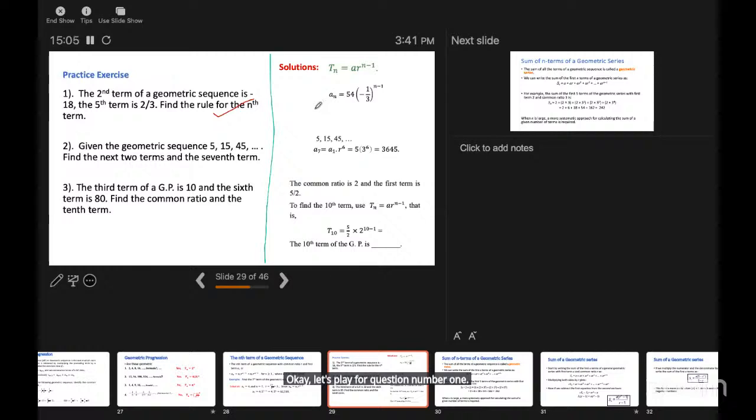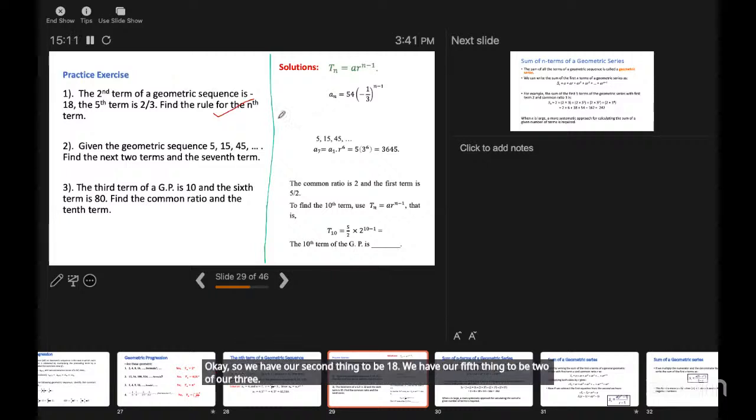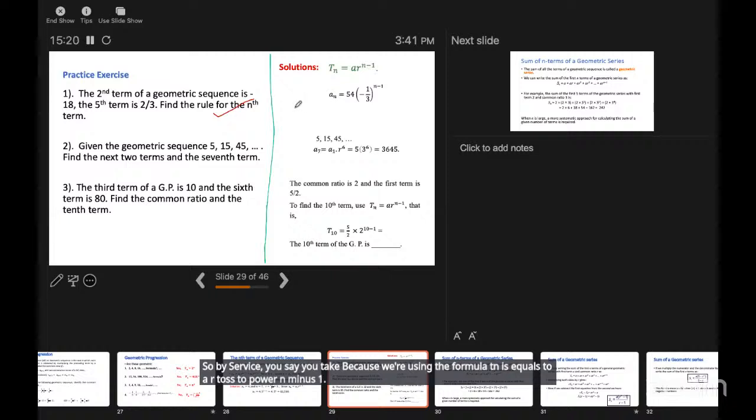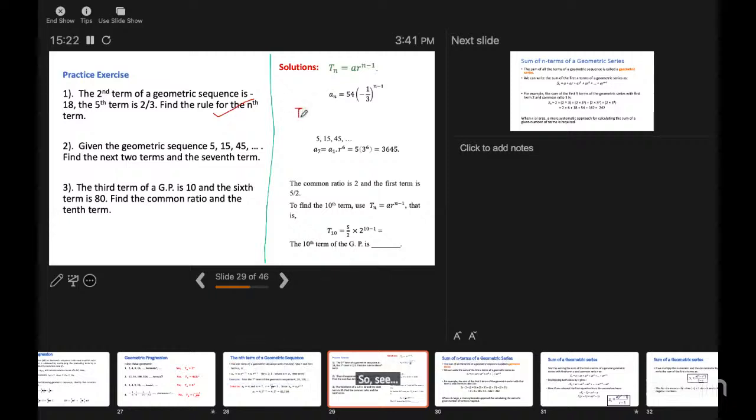We have our second term to be 18, and our fifth term to be 2/3. We are using the formula Tn is equal to ar raised to power n minus 1. So T2, the second term, is equal to 18.